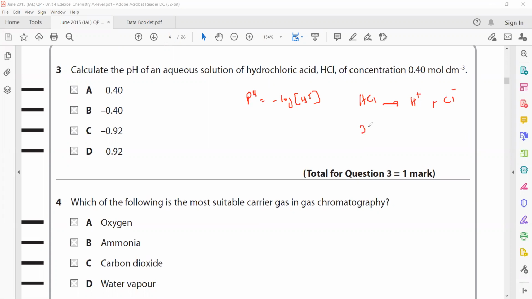Because for a strong acid it's ionized completely, the concentration of acid is the same as the concentration of hydrogen ion. In this case, it will dissociate, and the same number of hydrogen ions will be there. So when we substitute, take minus log of the hydrogen ion concentration, it will come out as 0.4.